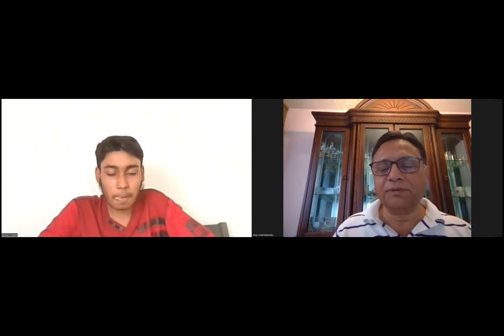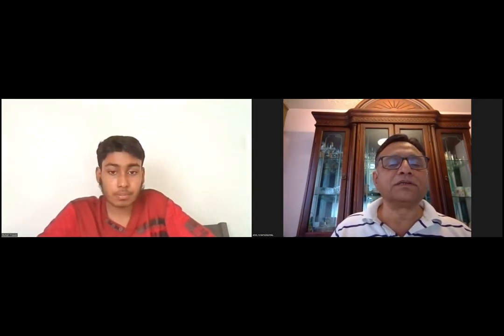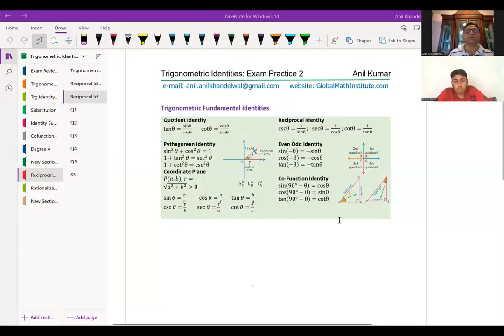Very good. So let me share with you the formula list to end the class. Here is a formula list which you can see. You see this shaded in green. First we learned the quotient identity: tan theta is the ratio of sine over cosine. Cotangent, which is the reciprocal of tan, becomes cos over sine theta, right?